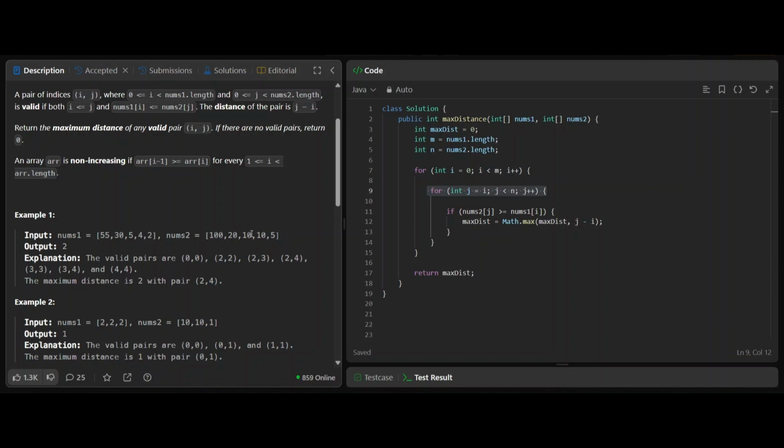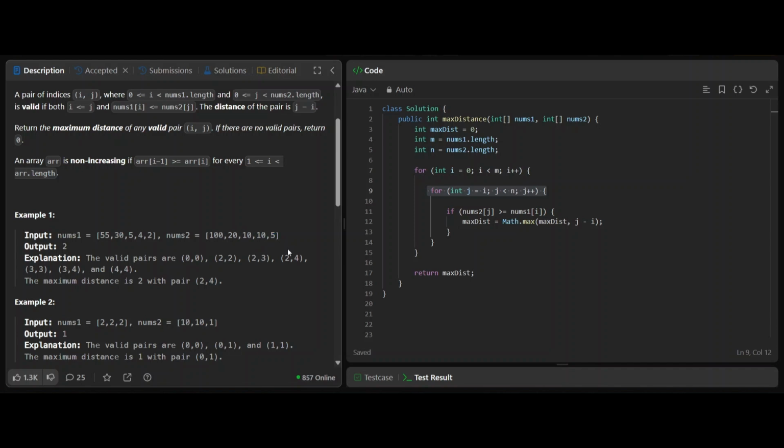That eventually what we need is the maximum distance. Let's say this index is i, so from this i, the farthest valid answer I get, I will consider that as my answer. Means the farthest valid answer from this index. If I'm starting from this one, I'm taking the last valid answer, right? Eventually I'm considering my answer on that basis, because if I get one before it too, then when I go to the next and that is also a valid answer, that answer will be considered, because I need the maximum. Okay, means I'm taking the farthest distance.